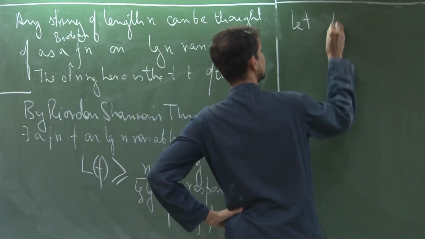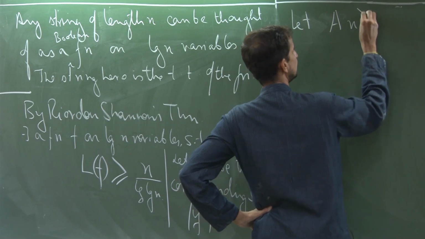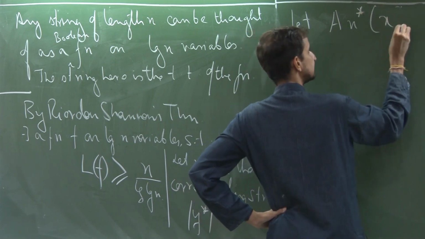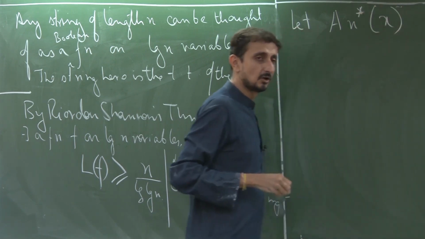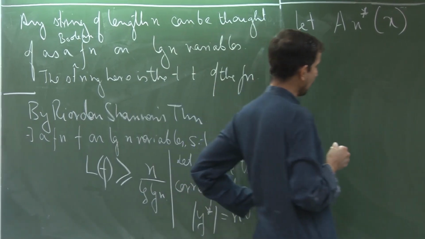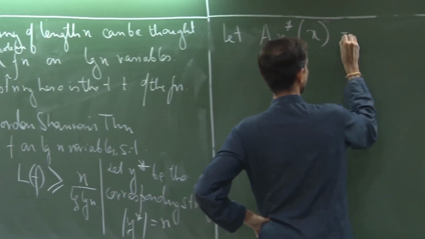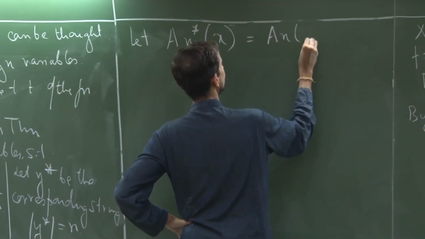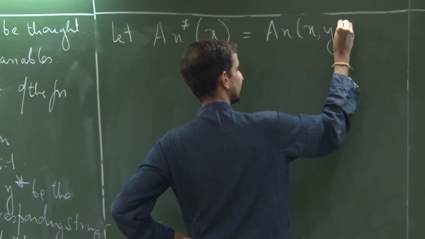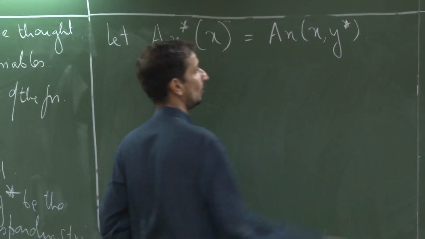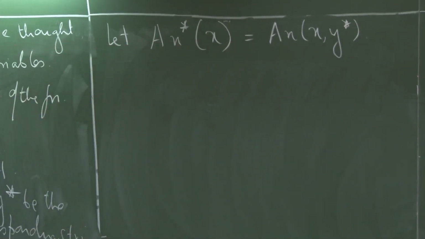So, now I will define another function a n star, and this is a Boolean function now. This is a function on one string of n variables, which is equal to a n of x on this fixed string y star. Okay.